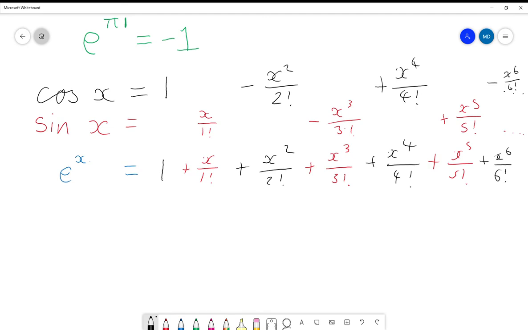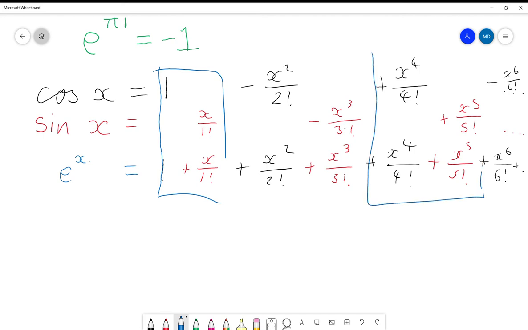And what you should see immediately, and of course it carries on forever, is how well this matches up almost exactly with cosine and sine. Except for one unfortunate detail. Although these here match up perfectly, and as do these here, these ones in the middle, the x squared and x cubed, have different signs.